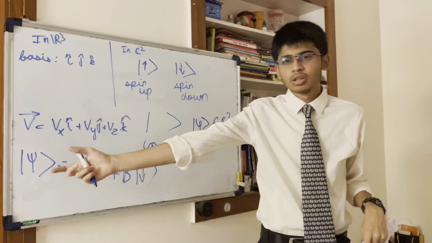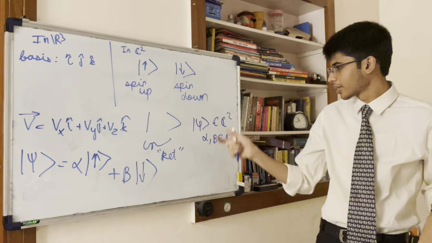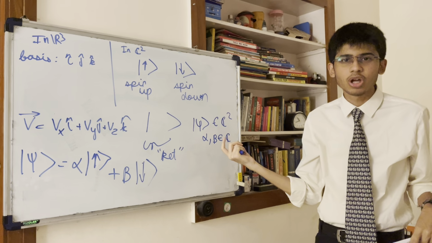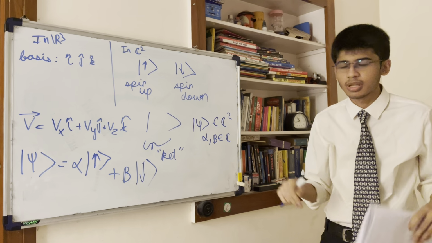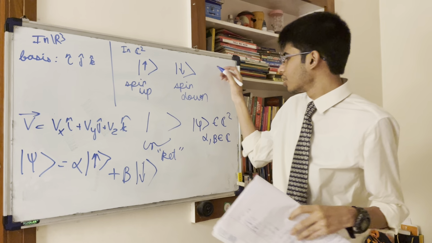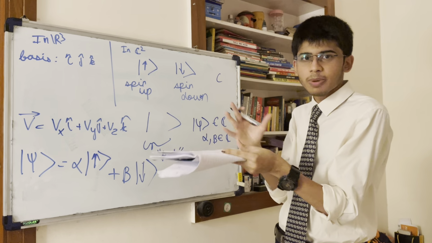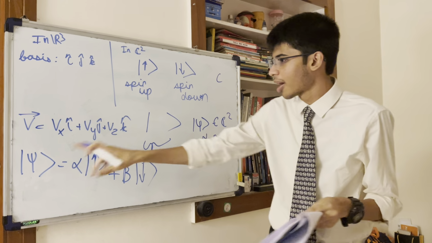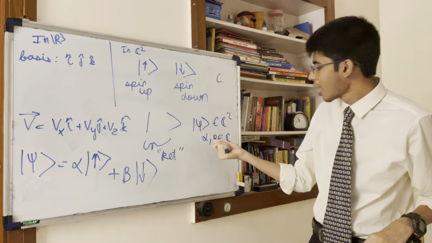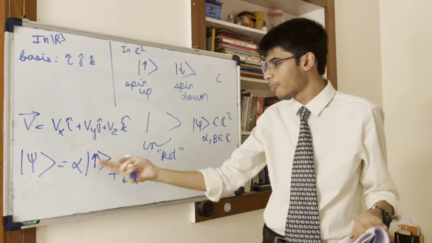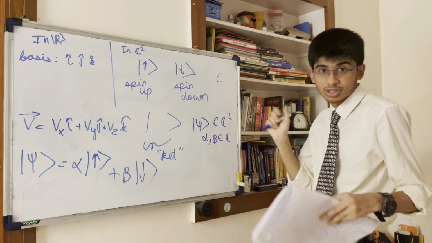Because it is 2-dimensional complex numbers, and these are just simple complex numbers, so they are 1-dimensional complex. When you say C2, this means you have 2 complex numbers together. So that's why you have this belong to C2, and alpha and beta just belong to C, not C2.